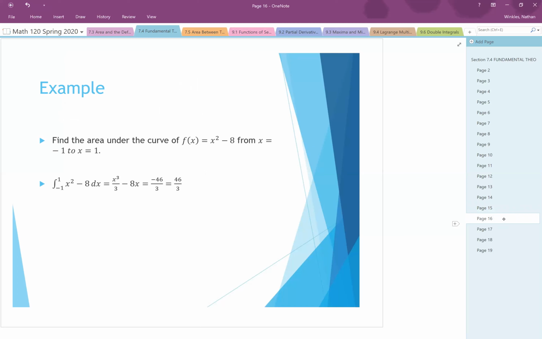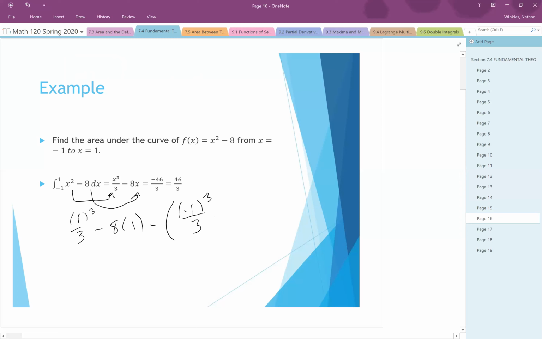So we're told, for this example, find the area under the curve of f of x equals x squared minus 8 from x equals negative 1 to x equals 1. So the antiderivative of x squared is x cubed over 3. The antiderivative of negative 8 is negative 8x. So really what we have is 1 to the third over 3 minus 8 times 1, minus negative 1 to the third over 3 minus 8 times negative 1.